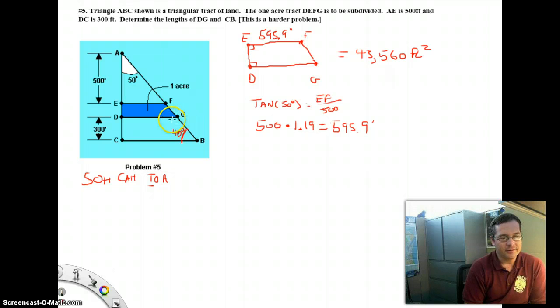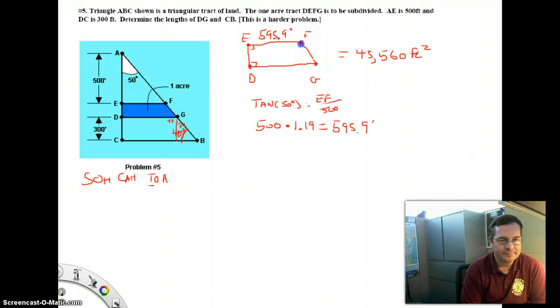And that means that if we were to draw in a perpendicular line here, this would have to be 50 degrees, this would have to be 90 degrees. So angle F here has got to be 140 degrees. We don't have any good way to deal with that.